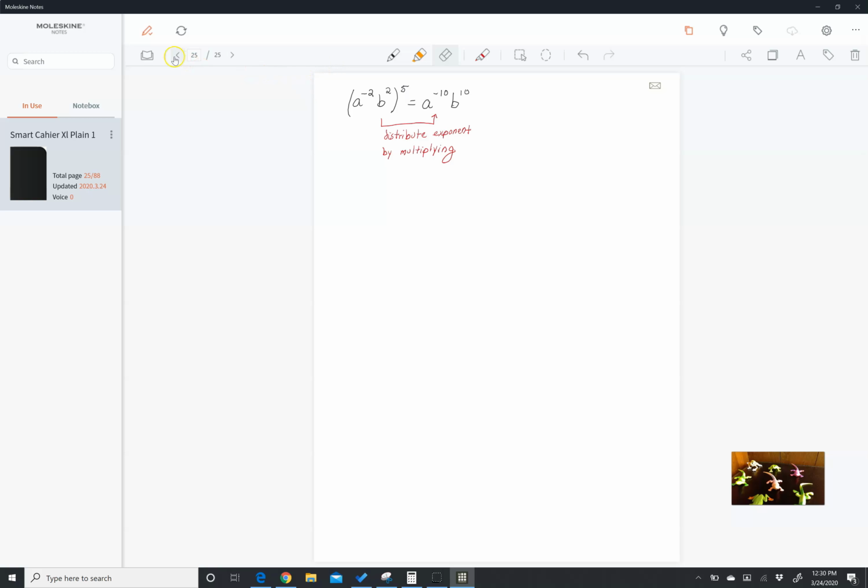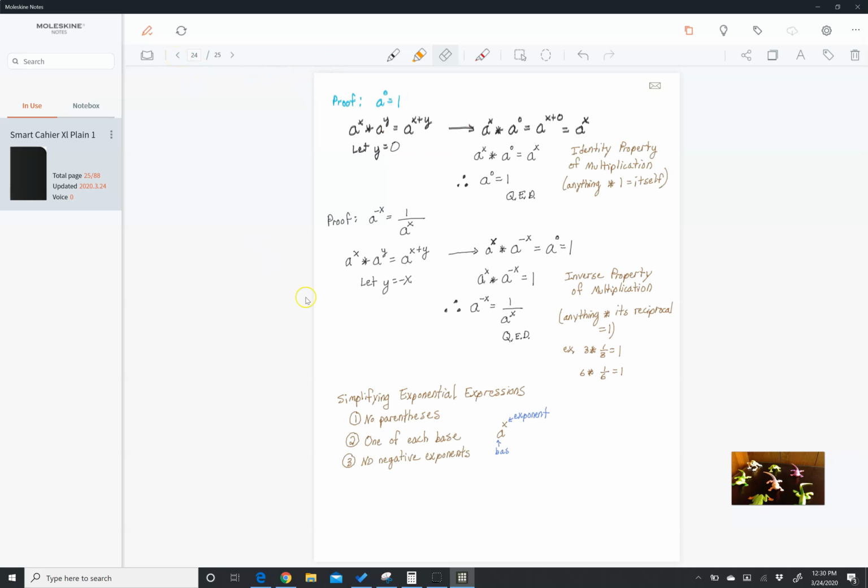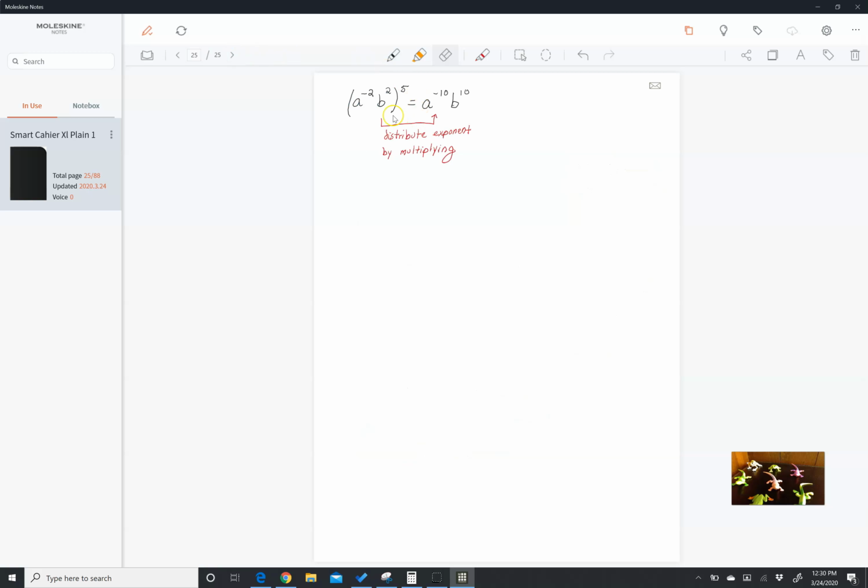So if we go back to here, we did our first thing. We got rid of parentheses, and that's how we get rid of parentheses. We distribute our exponents. And you can do this in a couple of different orders, but I recommend that you do it this way so that you never forget how to go through this, and you're very, very particular about getting rid of each of the things that you need to get rid of, in that order.